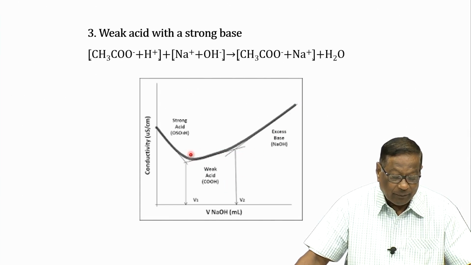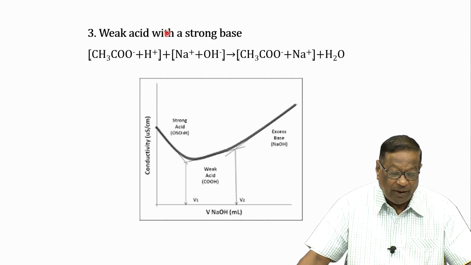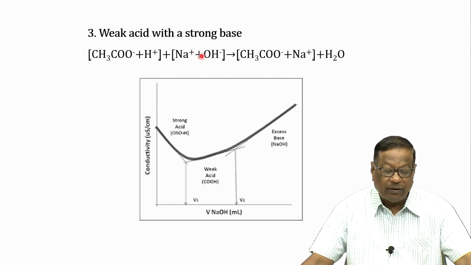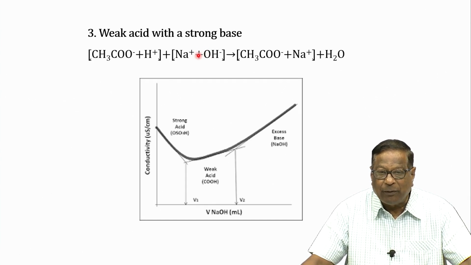If I take strong acid, the end point will be here. If I take weak acid, the end point will be somewhere here. The excess base, NaOH, is highly concentrated, so after the equivalence point, it will keep on increasing.